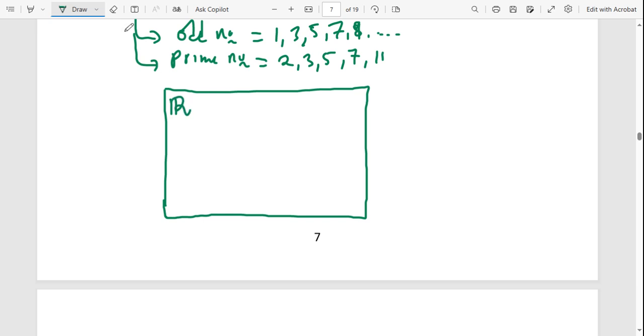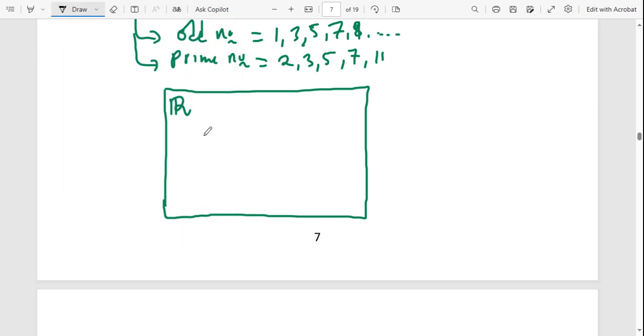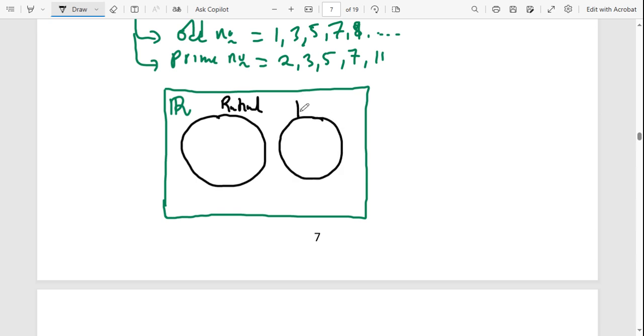Inside the set of real numbers, you have two sets that don't intersect: a set of rational numbers and a set of irrational numbers. These sets don't intersect. Alright?